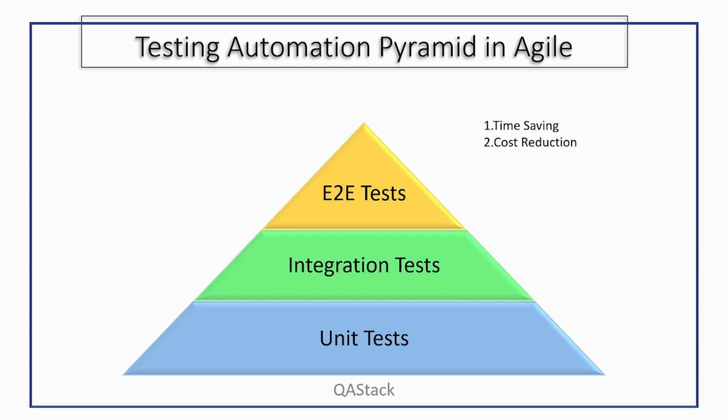After unit tests comes the integration test, where the services are tested along with other services in the system. And at the end, the end-to-end tests, which are written from the use case perspective. So use case level test cases are created, and major user scenarios are created and automated as part of end-to-end tests.